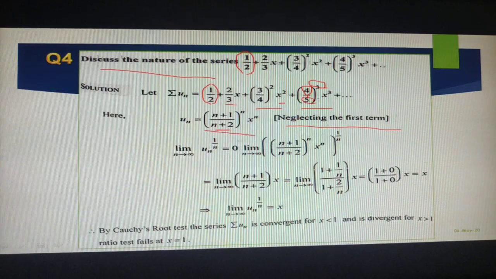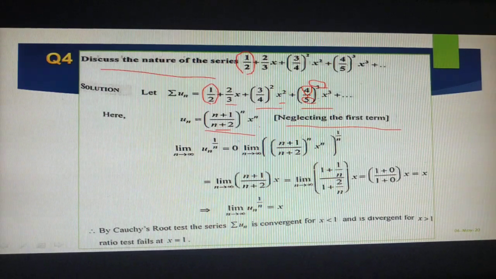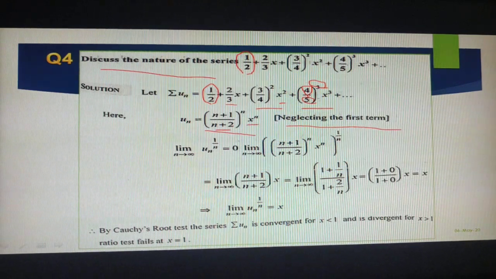So writing the nth term comes with practice. If you are able to write the nth term, nothing else is there in this test, right? So practice some more problems and you can easily understand. It's not that tough, very easy, but initially you will feel somewhat difficult.